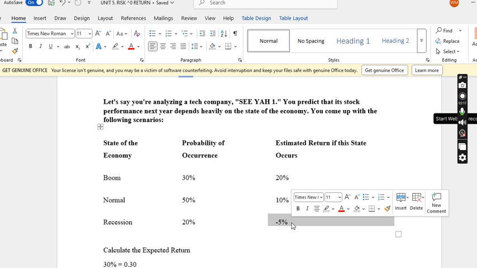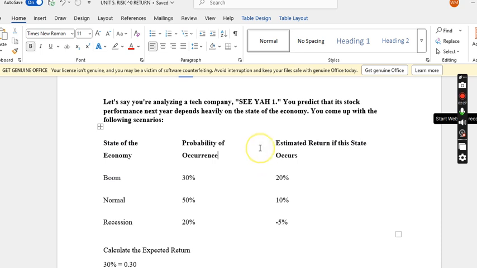So we now want to find out, in general, what is our expected return, or the average return, basically, for the stocks of this company CR1.